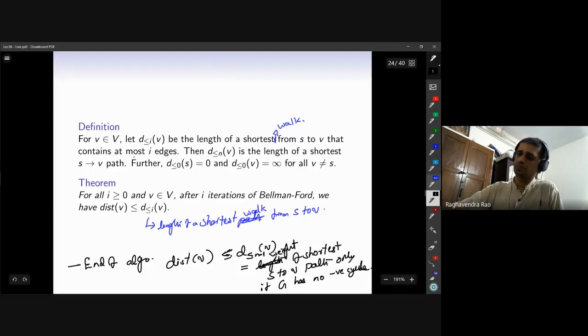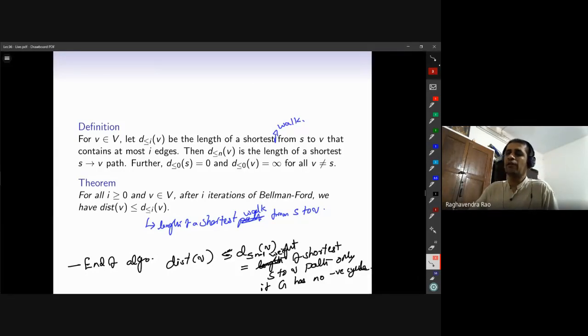So combine that with this. You'll see that at the end of the n minus 1th iteration, all vertices should have distance value which is the length of the shortest path. If that is not the case, the only possibility is that there is a negative weight cycle. Okay.